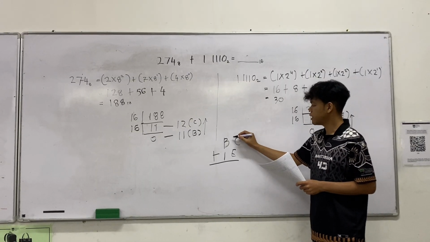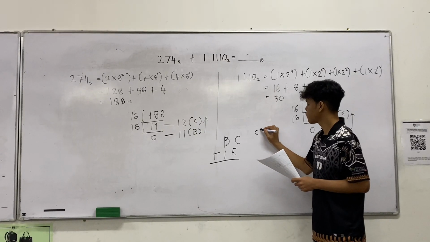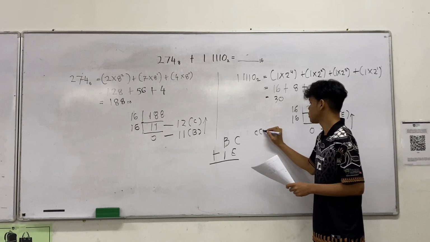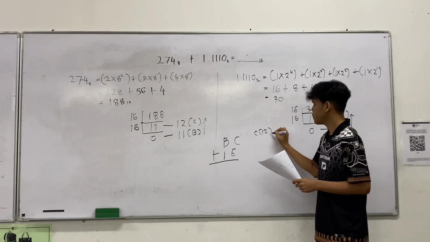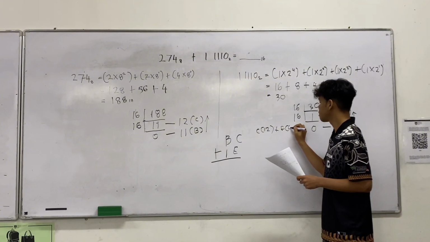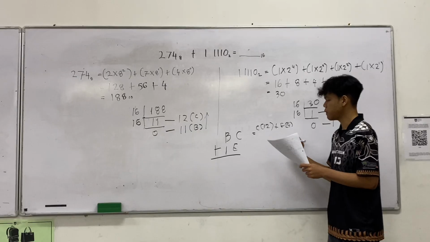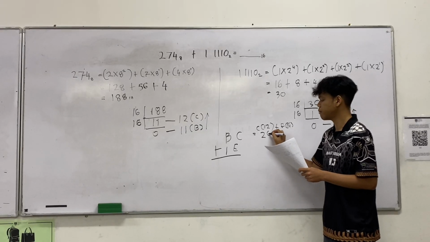So let's start with this equation first. C equals 12 plus E which is 14. So we will get 26.